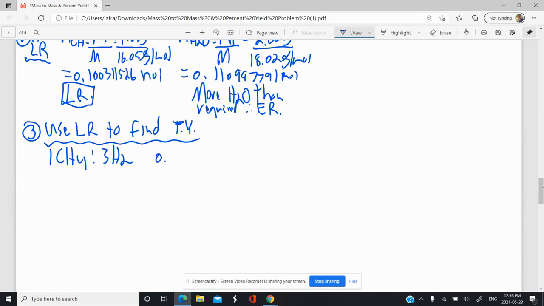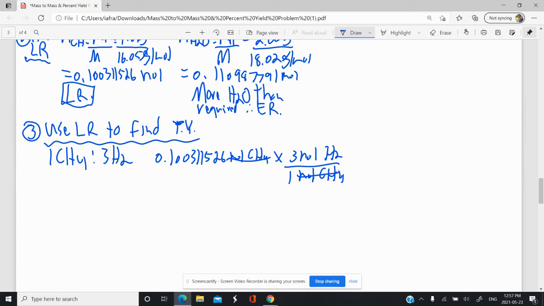Our moles are 0.100311526 moles of CH4 times 3 moles of H2 over 1 mole of CH4. Cancel out mole and mole.